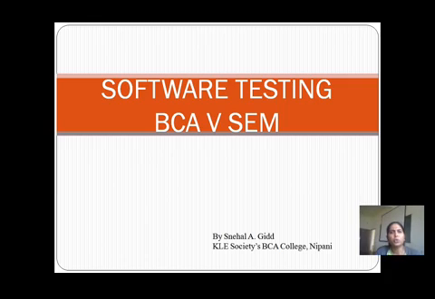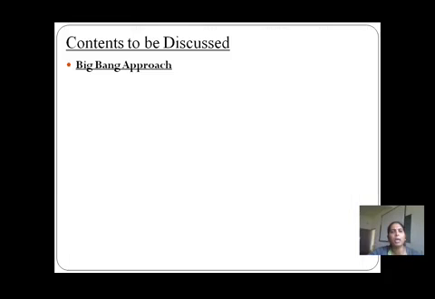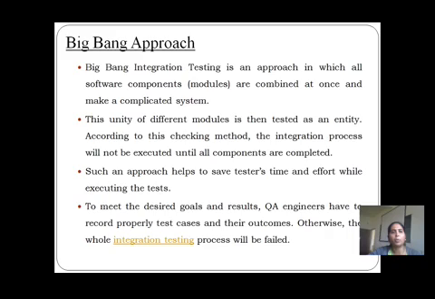For that purpose, system integration testing considers the Big Bang approach. So the content we are going to discuss in this session is the Big Bang approach. Let's see now what the Big Bang approach is.